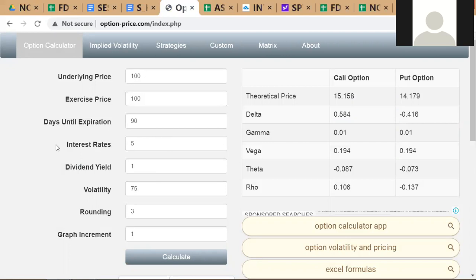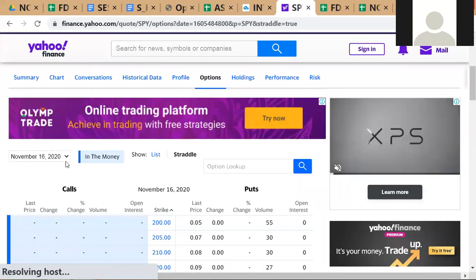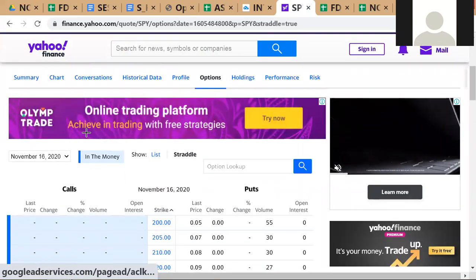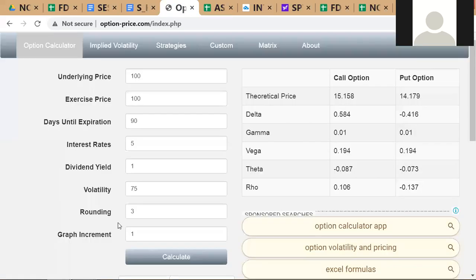But basically, as you can see here, if you change the expiration date, the price will change. That's why it's in the introductory part of the options: you have to specify the expiration date. So if we increase the date, if we go further, the price will increase.